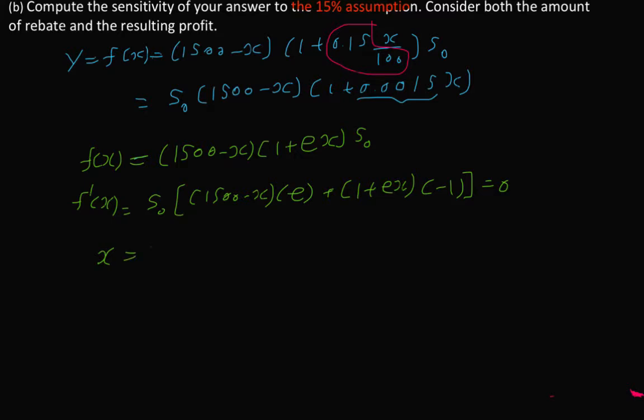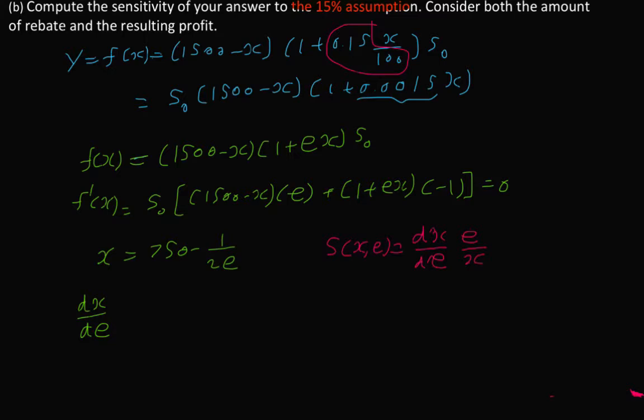So you will get x equals 750 minus 1 over 2e. Okay, this is x. Then what is the next step? Get the derivative with respect to e. Let me remind you, sensitivity is S x,e equals dx over de times e over x.